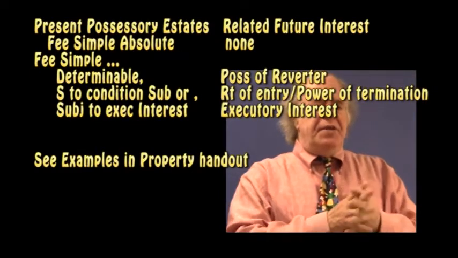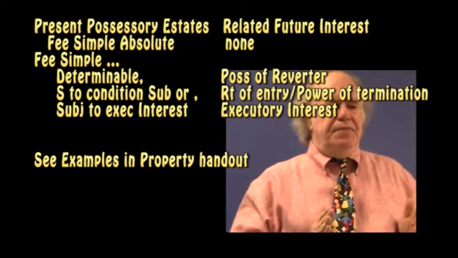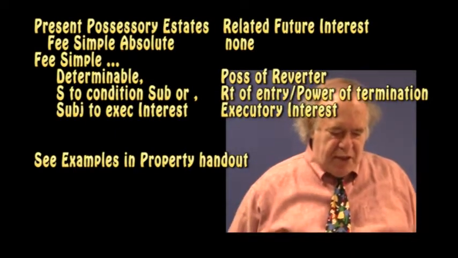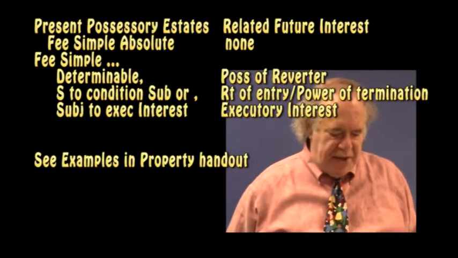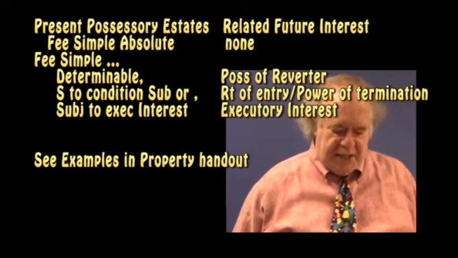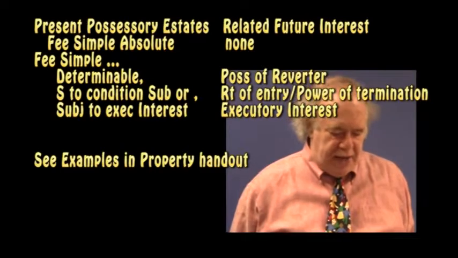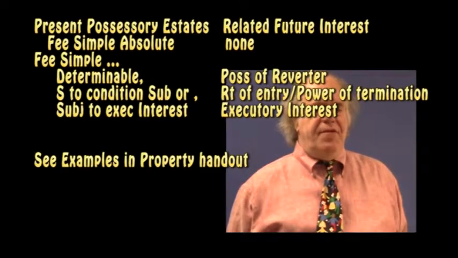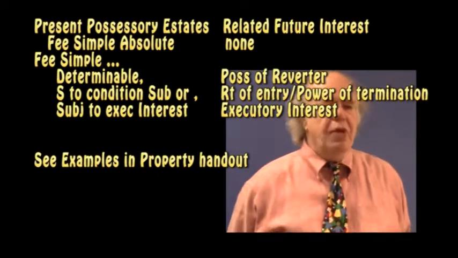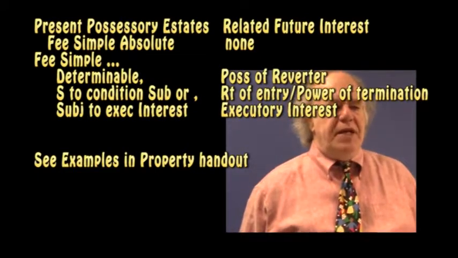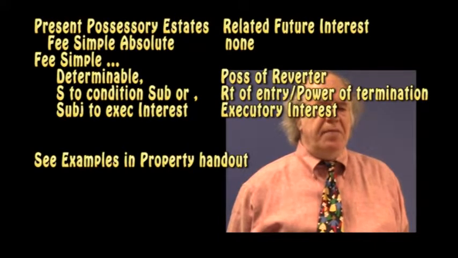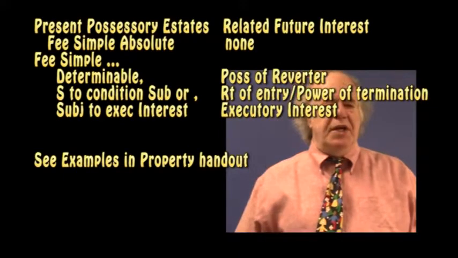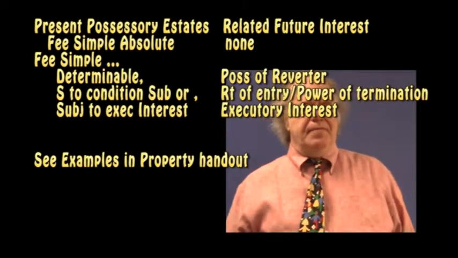So when is a fee simple not absolute? We have several categories, and if you notice on my little chart, they are tested on the MBE pretty regularly and on essays in Connecticut very regularly. We have three basic concepts: a fee simple that is determinable, a fee simple that is subject to a condition subsequent, and a fee simple that is subject to an executory interest.